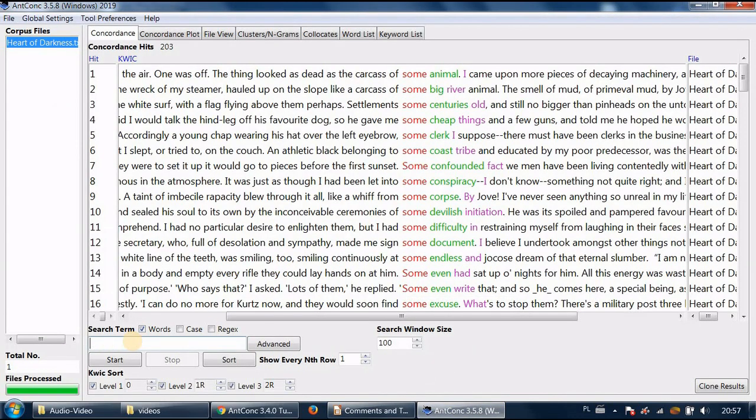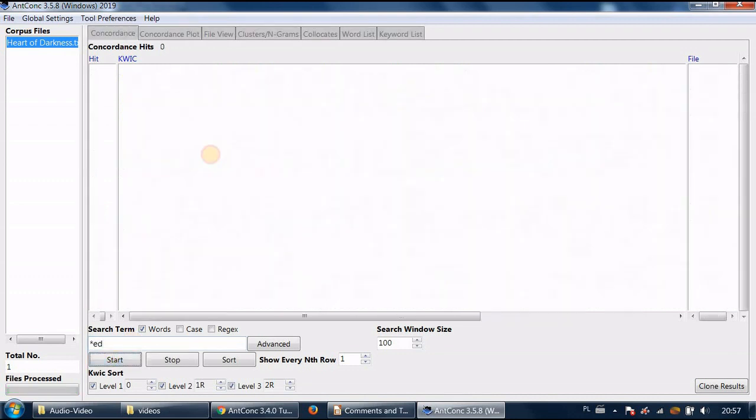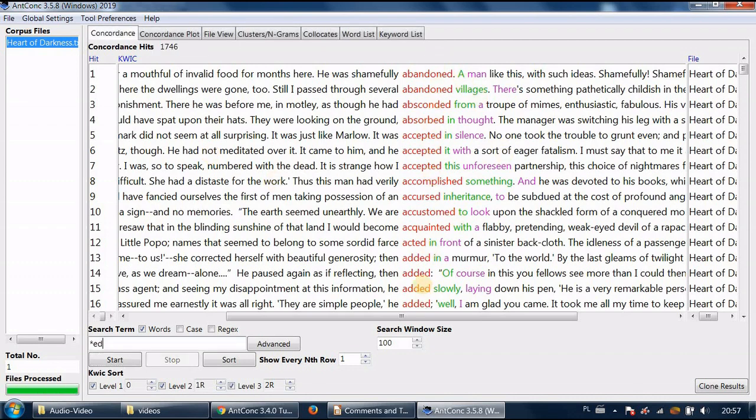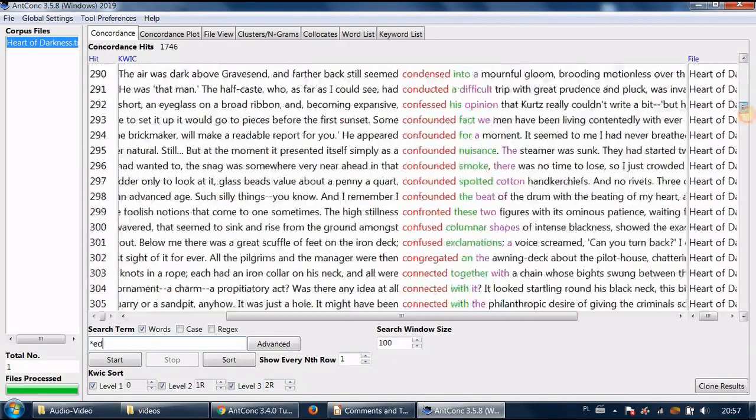So any words ending with ed, so asterisk ed, start. Okay, and there are quite many of them, as you see. And they are already sorted according to the very word obtained alphabetically, and also additionally according to the first word to the right and 2nd word to the right, and there are many actually.